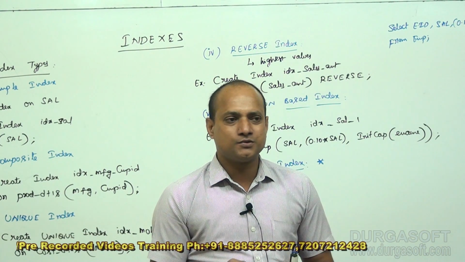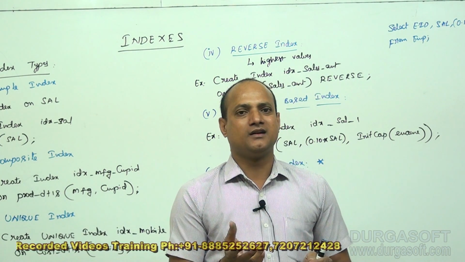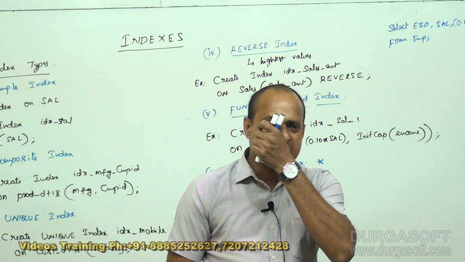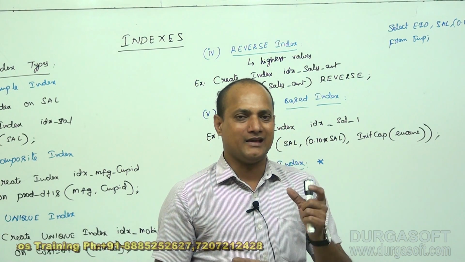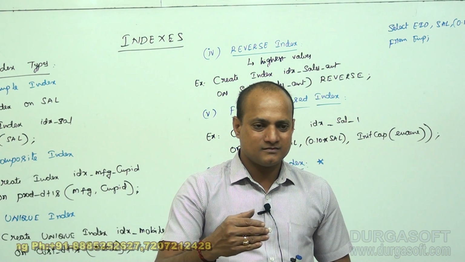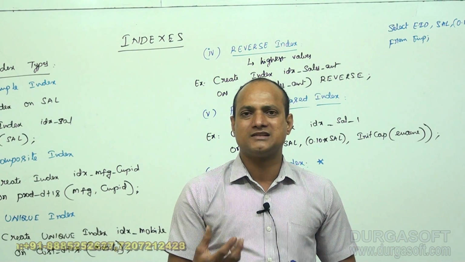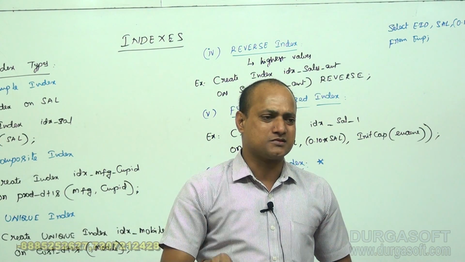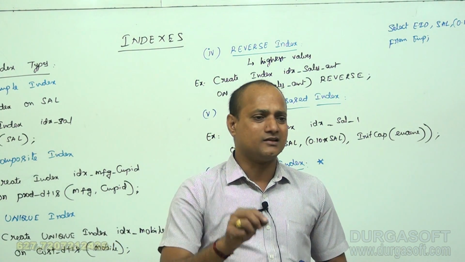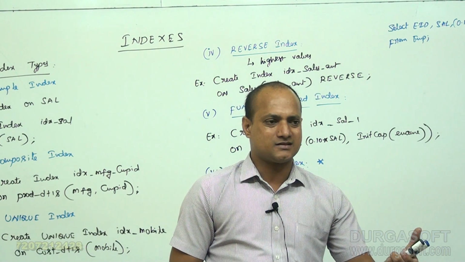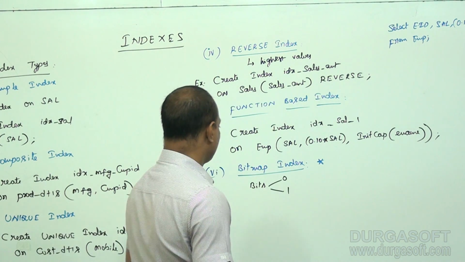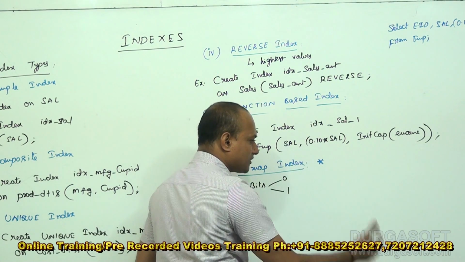So the gender value maybe is male or female. 10,000 customers or 100,000 customers. In any case, what is the value of the gender column? Either male or female. So many records, but for all the records there exist only a very less number of distinct values in a column, like male and female, employee status, active, inactive. Okay, in such a case, create a bitmap index on the gender column.